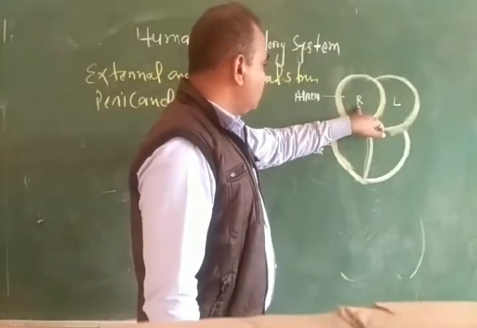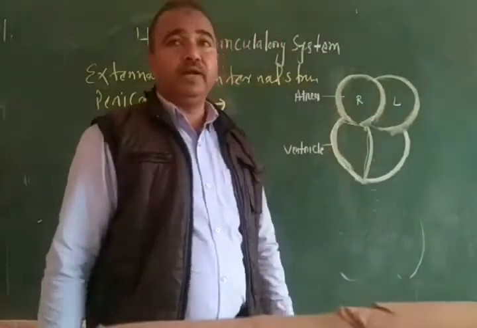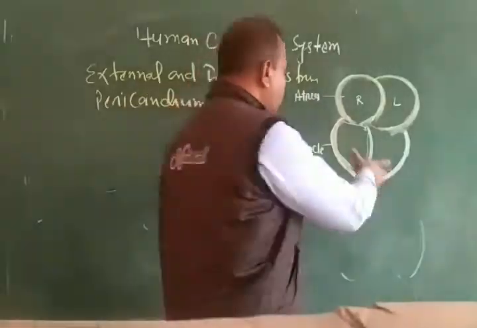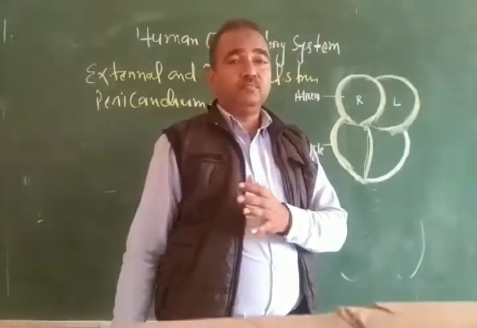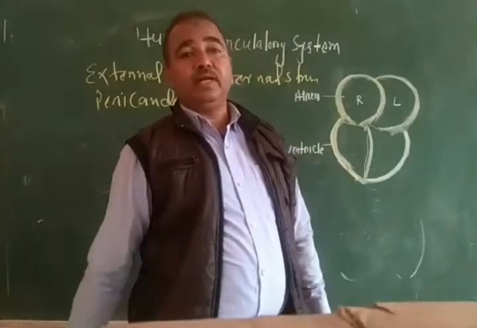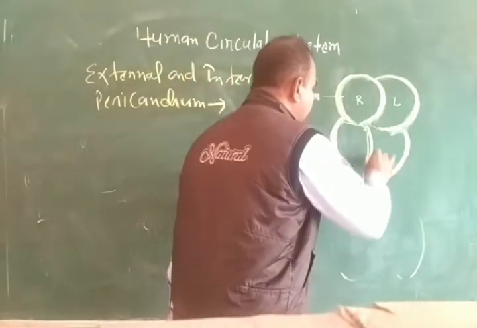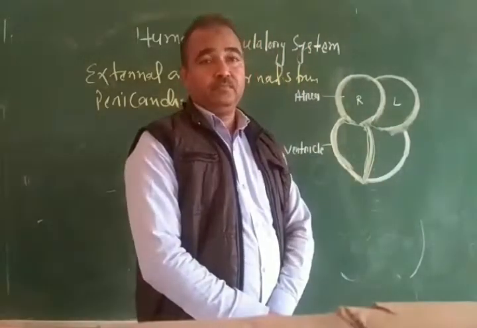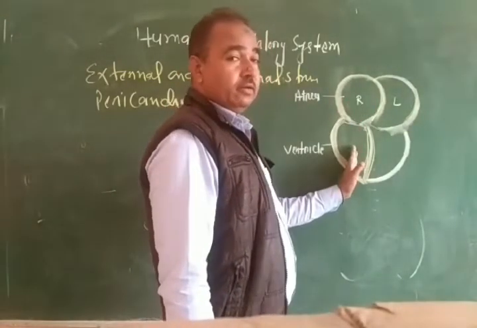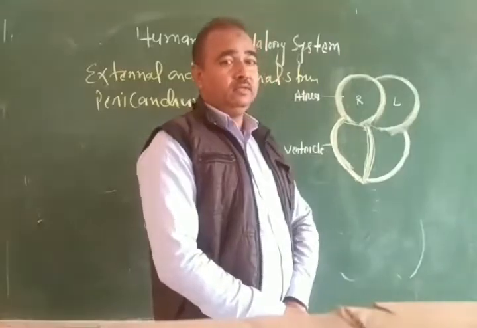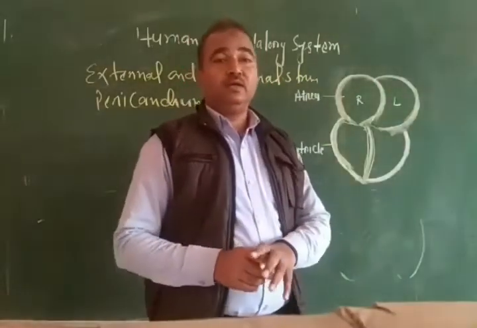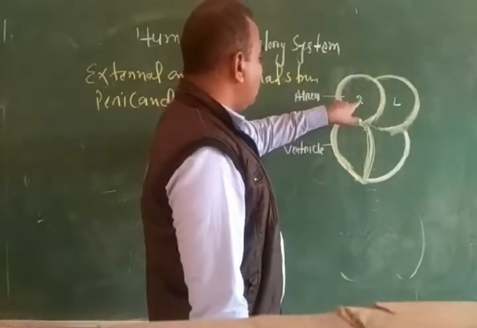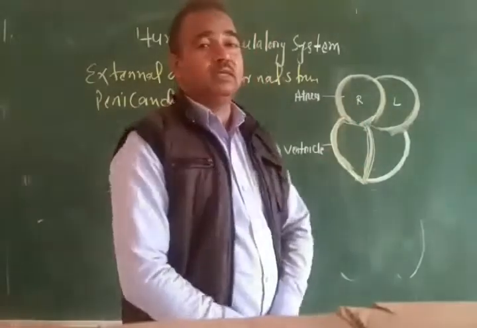Though the two atrial chambers are separated by a relatively thin septum, the two ventricles are also separated by a septum called the interventricular septum. On each side, right and left, the two chambers are further separated by the atrioventricular septum.